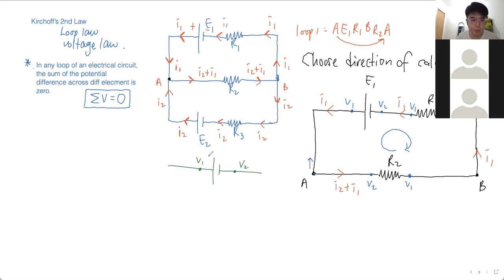Now for the battery, guys, which side is higher potential?